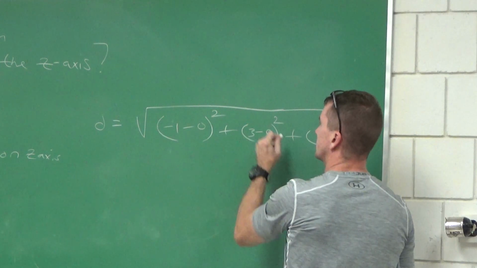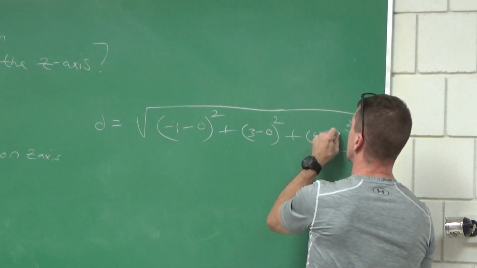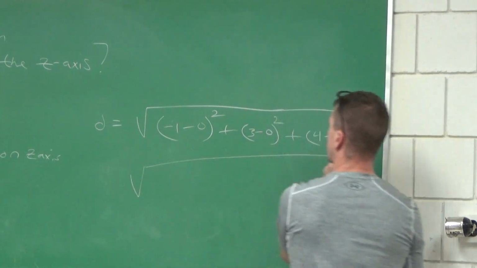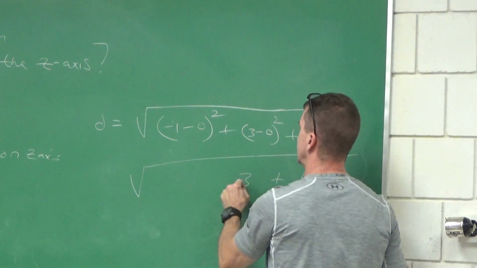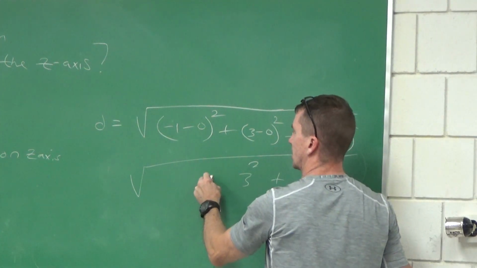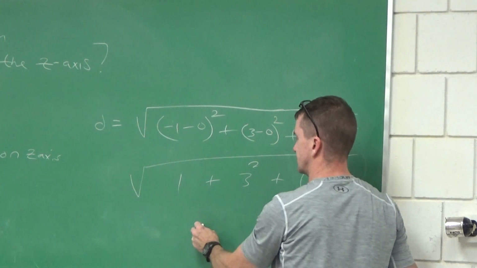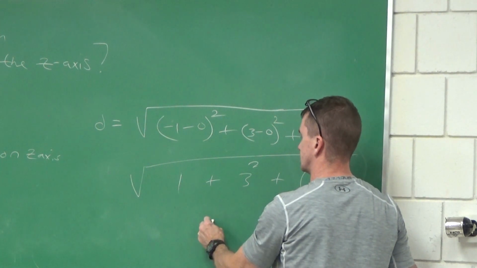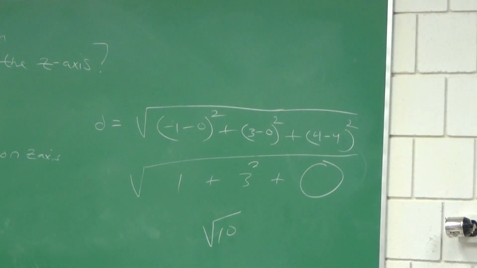What's 3 minus 0? What's 4 minus 4? Well, 4 minus 4 became 0. That's 9, 3 squared, and negative 1 squared is positive 1. So what's the distance? Y'all get root 10? Great job.